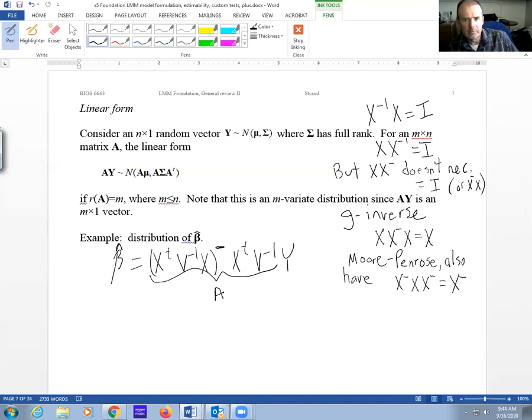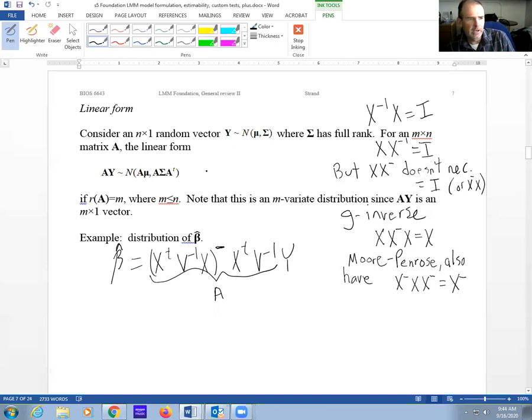And as long as that matrix satisfies the regularity conditions we have, then that'll work. So this is the beauty of this result: we have a linear form involving y. So beta hat is A times y, where A is equal to all this stuff.